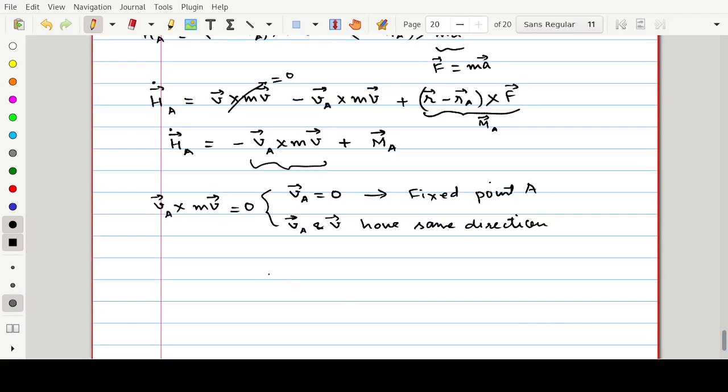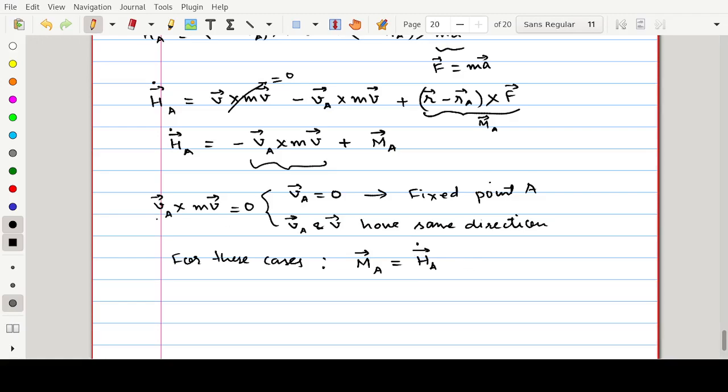For these two cases, we will get MA equal to HA dot: the moment of the forces acting on the particle taken with respect to A is equal to the time rate of change of the moment of momentum, that is the angular momentum of the particle.